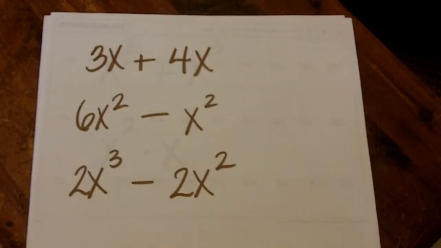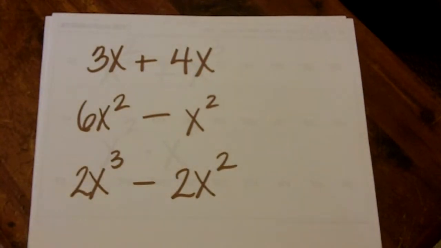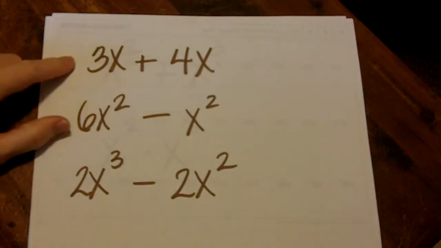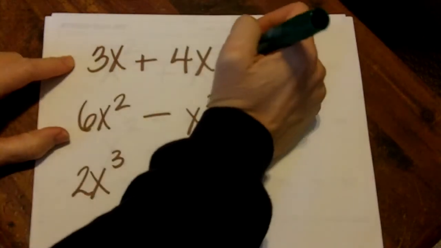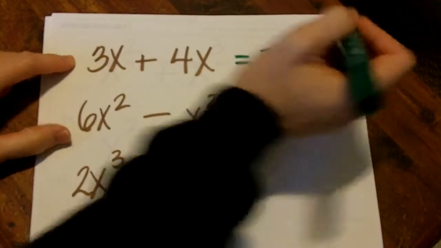Now let me talk to you because you are going to get strings of monomials together. If you have 2 or more monomials in the same variable to the same degree, and they're being added or subtracted, their sum or difference can be written as a monomial. For instance, if you had 3x plus 4x, that's the same thing as 7x.